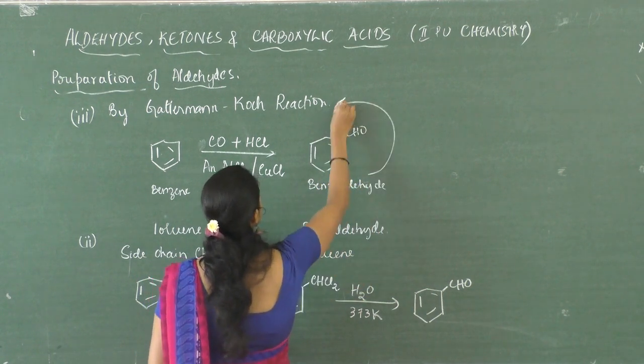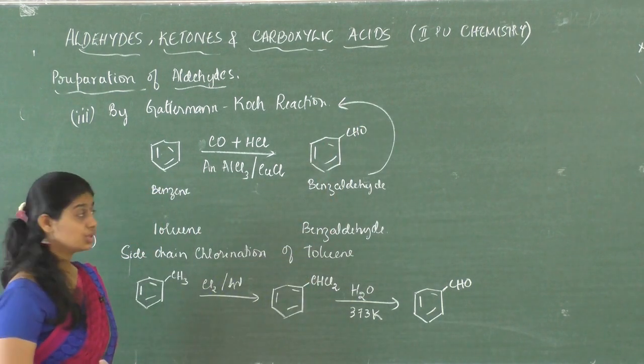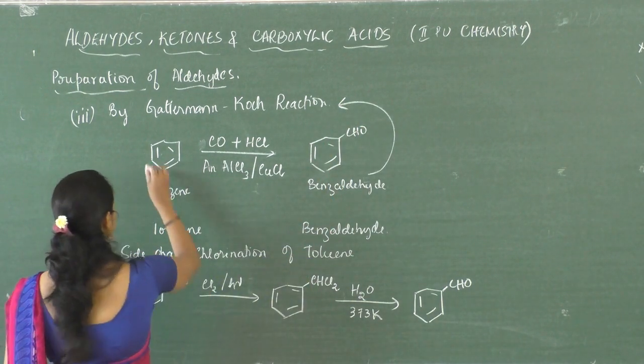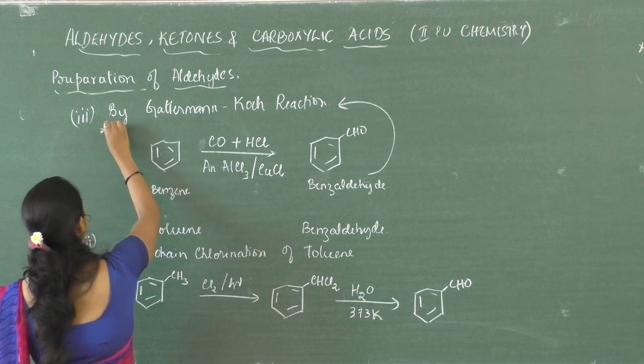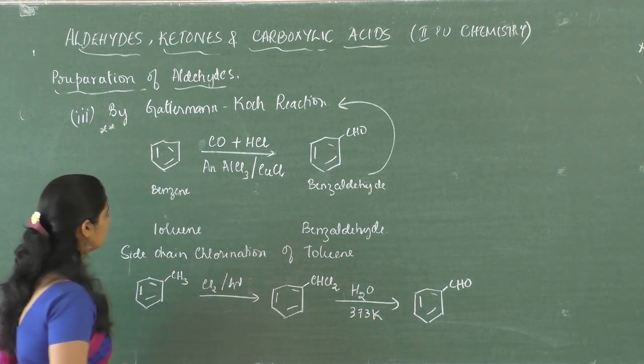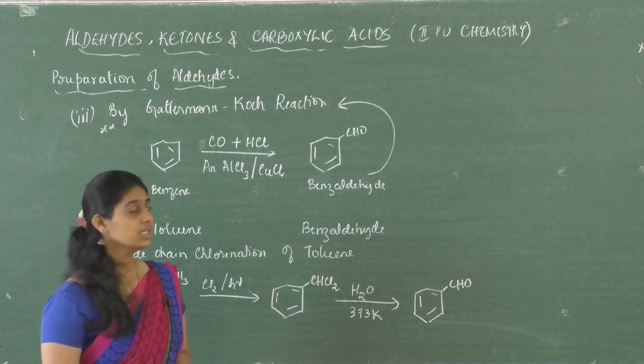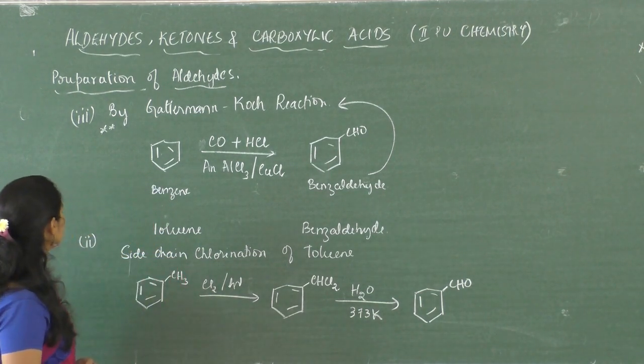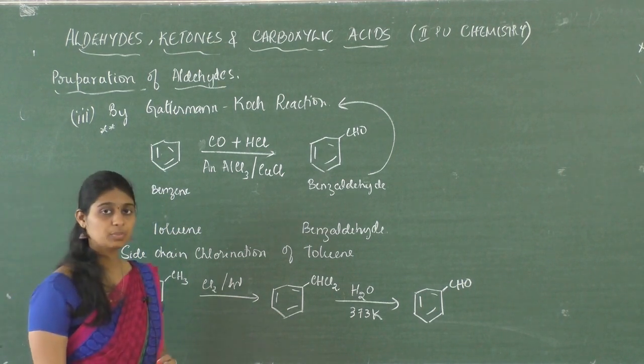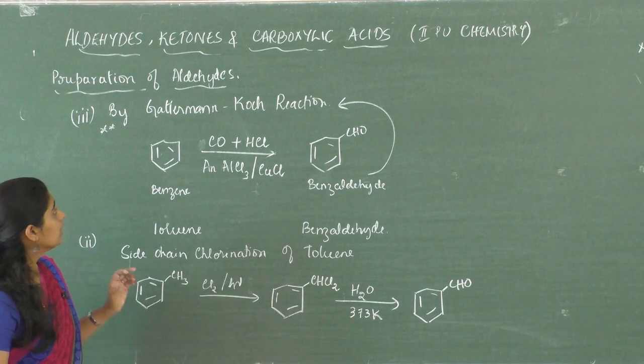And the name of this reaction is Gattermann-Koch reaction. It's an important one. So till now we have seen a total of 6 methods of preparation of aldehydes alone.